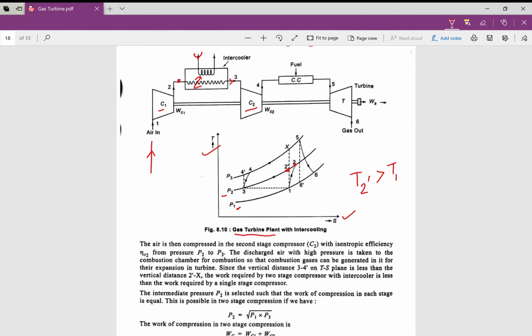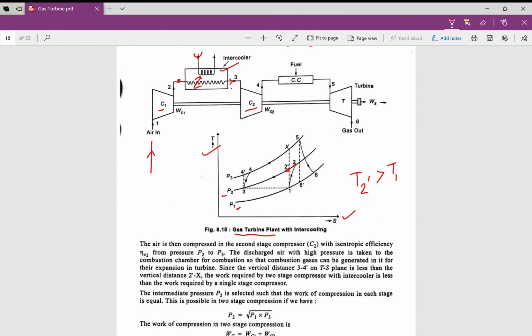This is our main concept, that by introducing an intercooler we should get air at high pressure but at low temperature. Low temperature means that size would be reduced before going to the next compressor, and hence the intercooler is introduced.